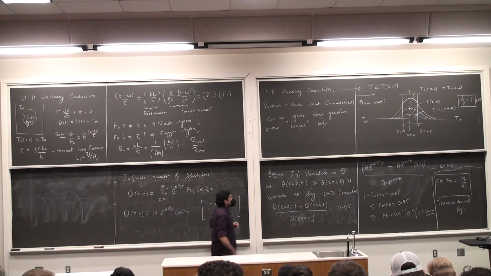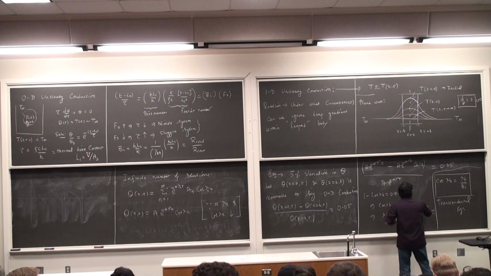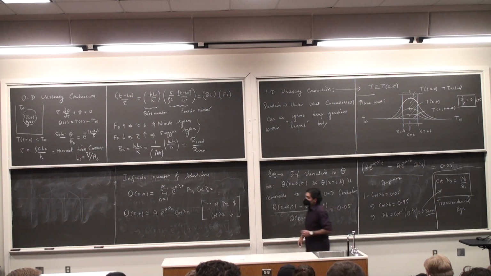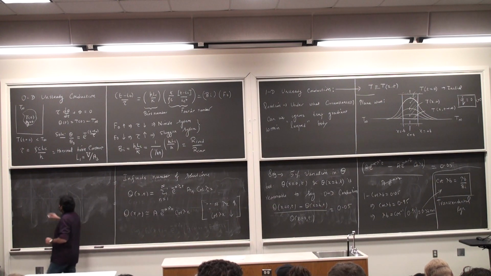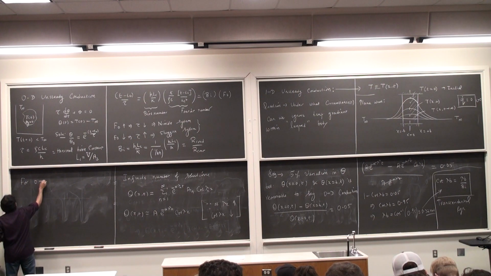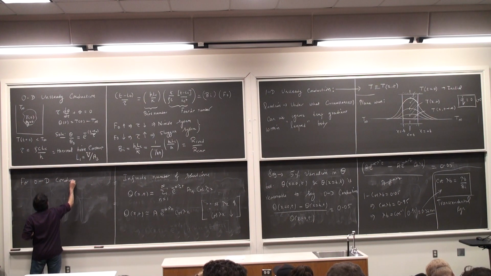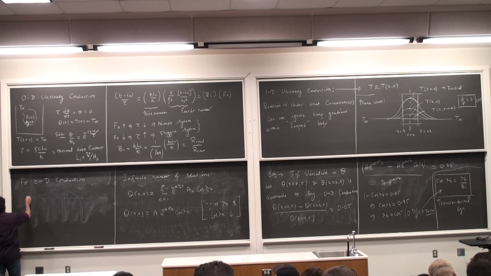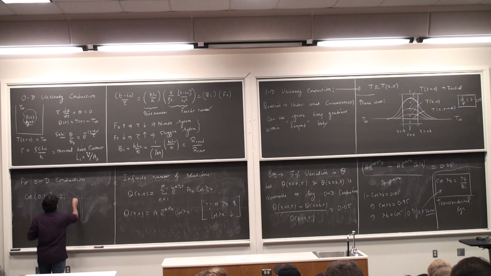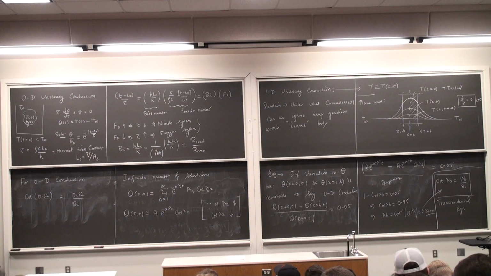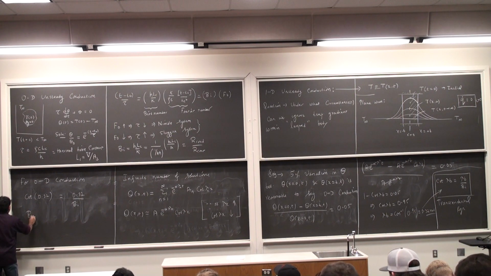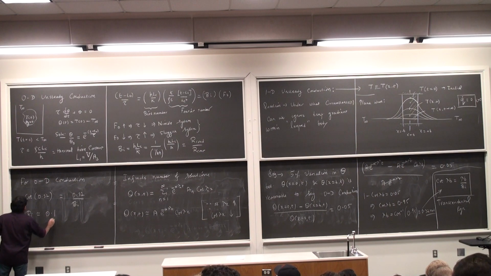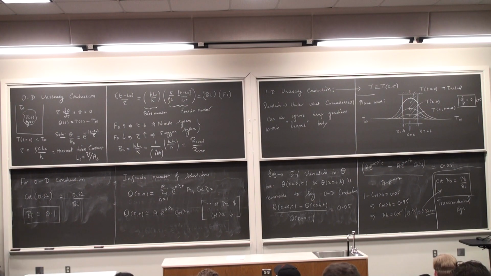So if I take this and substitute here, cotangent of 0.32 radians for 0D conduction is equal to something divided by the Biot number, and if you do the math, this is approximately 0.1.